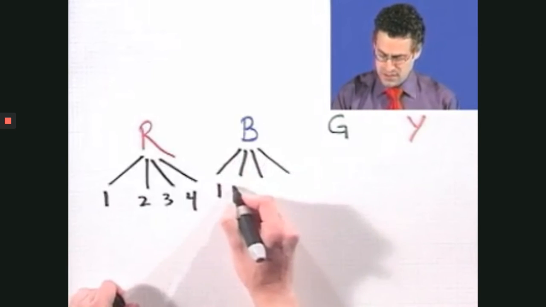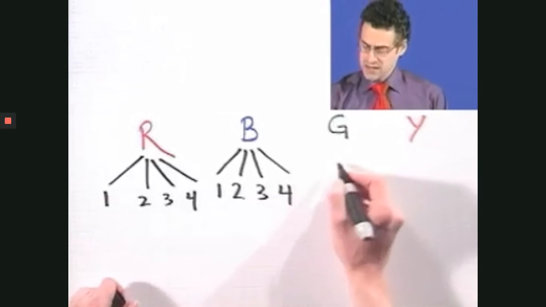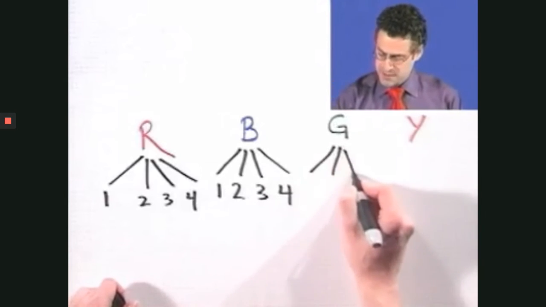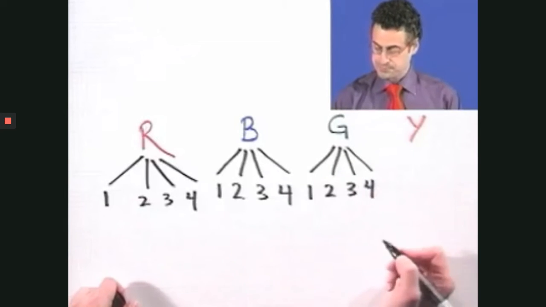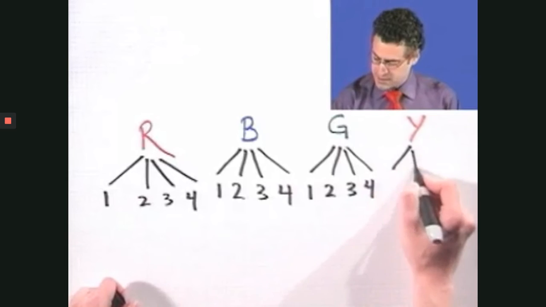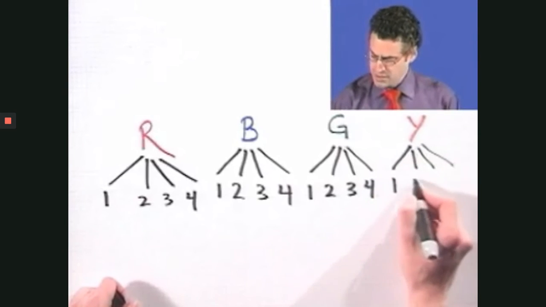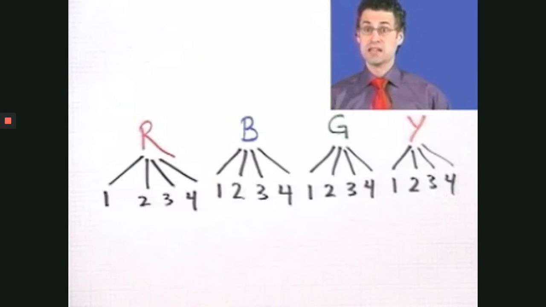I could have a 1, 2, 3, or 4 spin. With green, I could have four possibilities for the second spinner: 1, 2, 3, or 4. And finally, for the yellow, there are four possibilities for that second spinner: 1, 2, 3, 4.